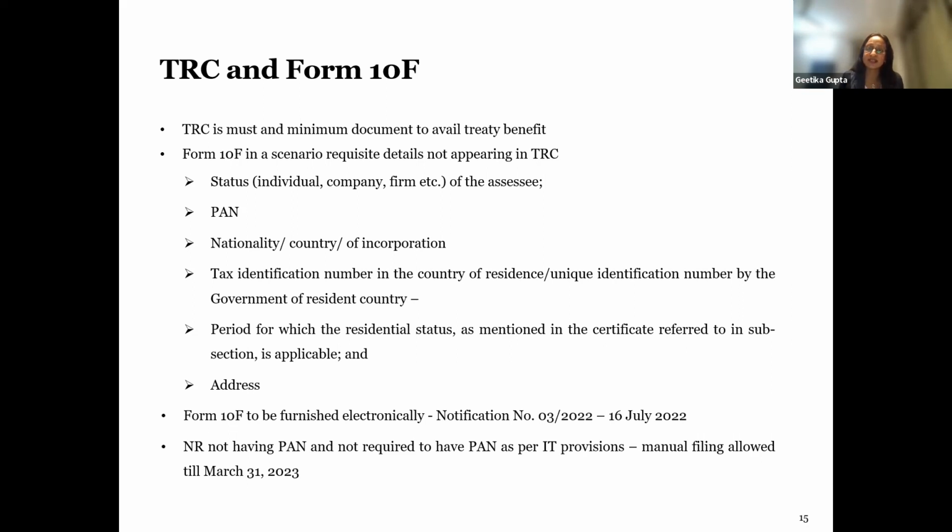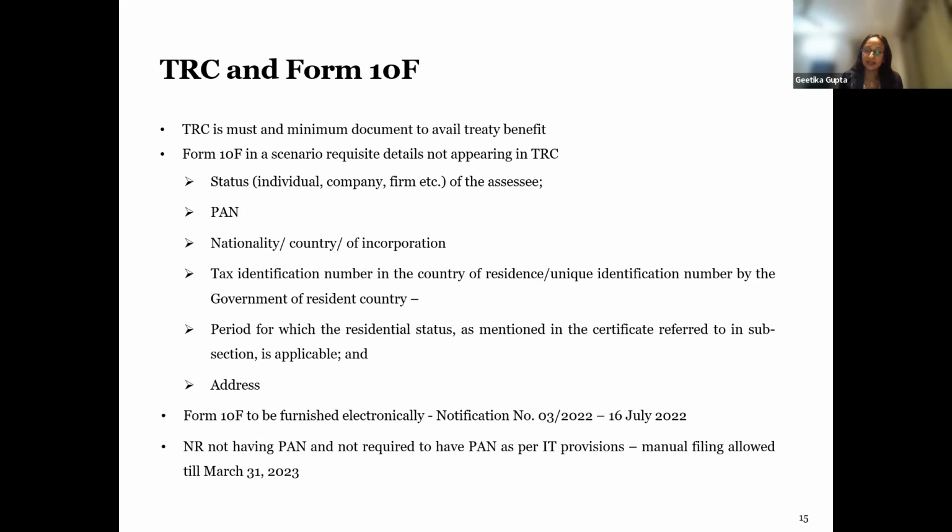So the tax residency certificate is to be obtained from the country of residence. I'll give you an example. Let's say a foreign company is providing certain services to an Indian company. Now, the Indian company has to make payment to the foreign company. Let's say under the domestic tax law, it falls within the ambit of fee for technical services, which is a very wide definition.